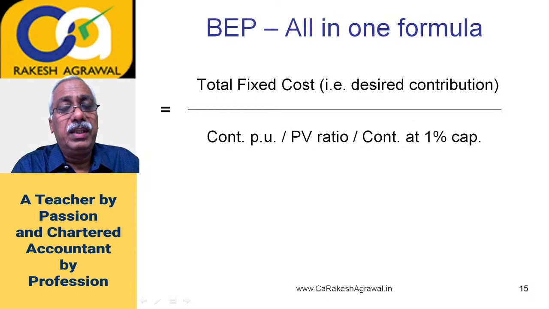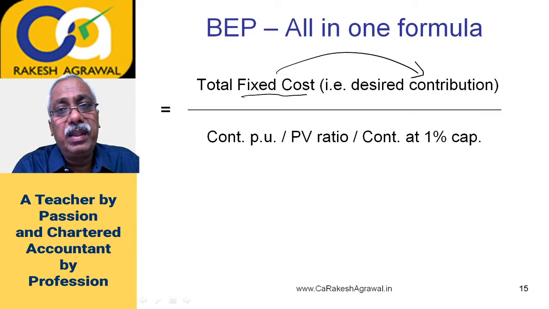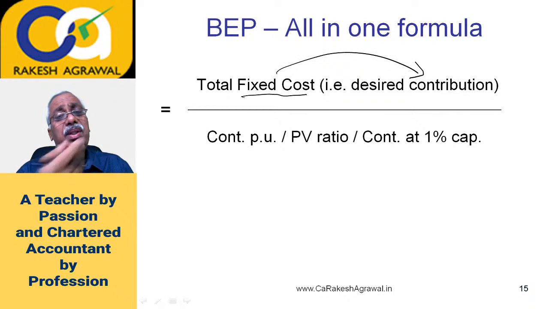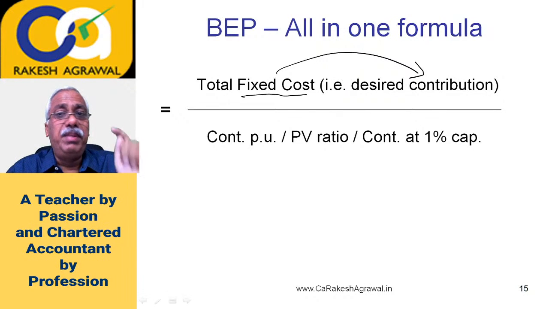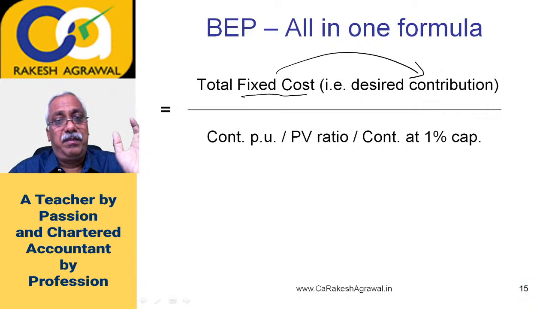Now the important thing is the logic of writing total fixed cost in the numerator. My friends, total fixed cost and desired contribution is one and the same. I will say how. Suppose my fixed cost is rupees 50,000. Then in order to achieve BEP, means in order to reach no profit, no loss, I should earn sufficient contribution which will exactly recover my fixed cost.